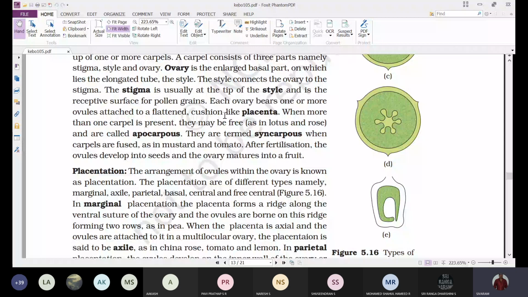Do we find any septum in the center? We'll get two chambers, one on the right side and one on the left side. In between, a septum is present, indicating that it is formed by the fusion of two carpels. The two chambers represent the fusion of two carpels.